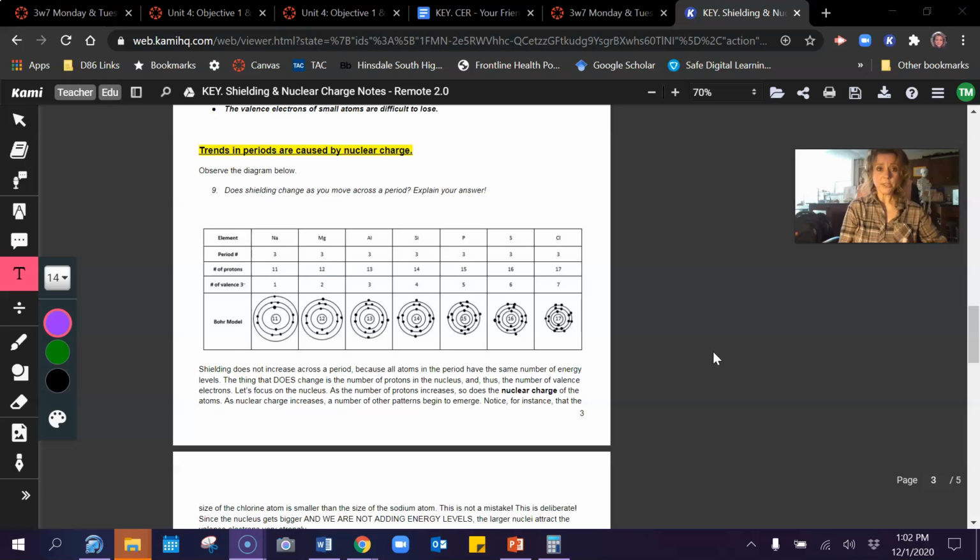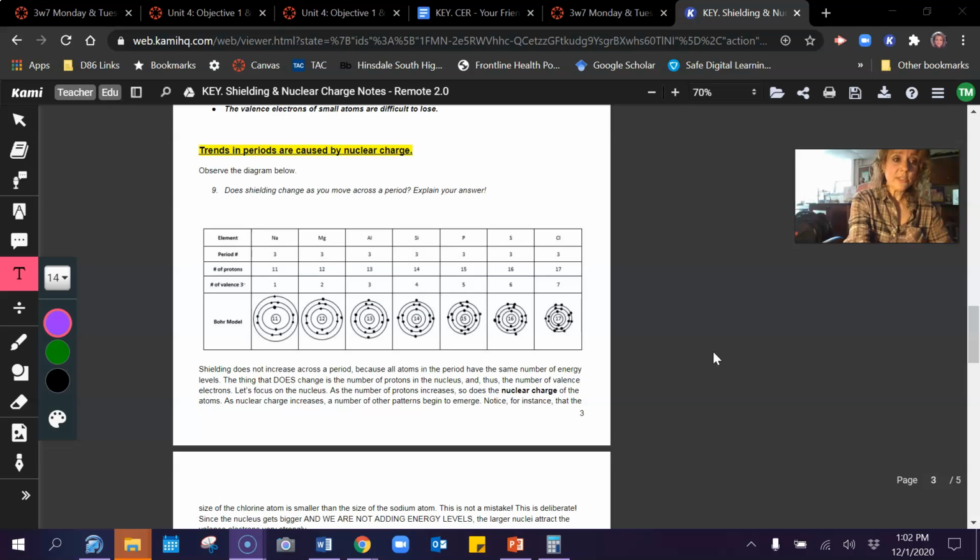If we take a look at the table that I have on this page, you can see that I have a number of elements. If you look on your periodic table, you'll see that sodium, magnesium, aluminum, silicon, phosphorus, sulfur, and chlorine, all of these elements are in the same row. They're in the same period.